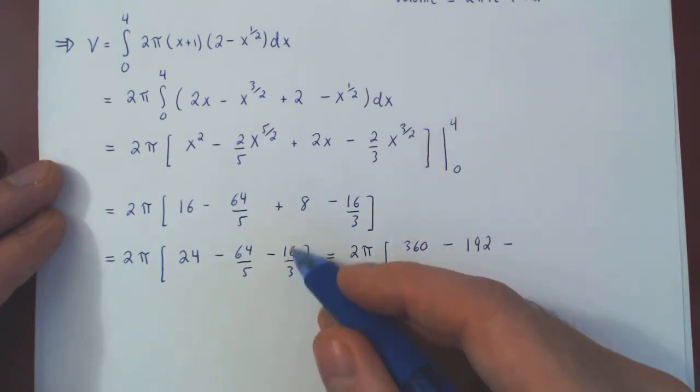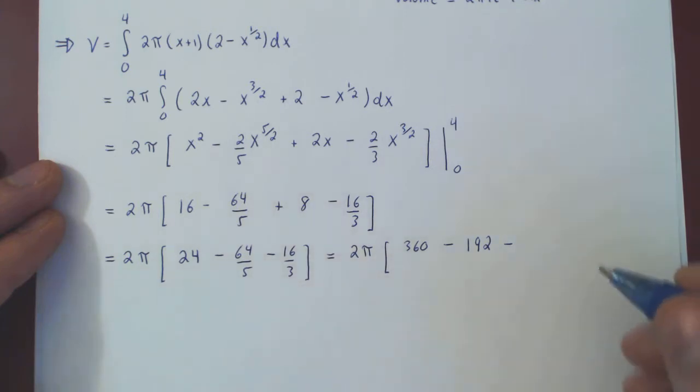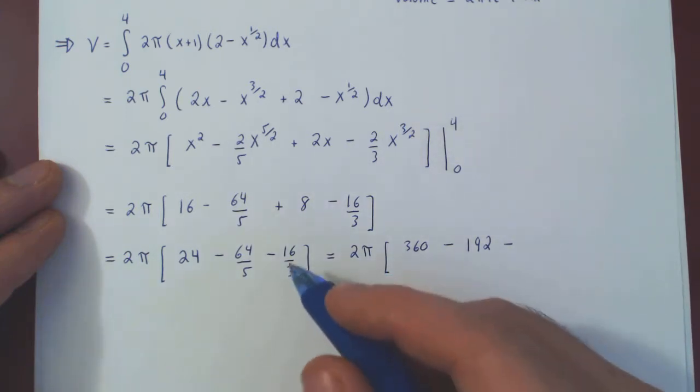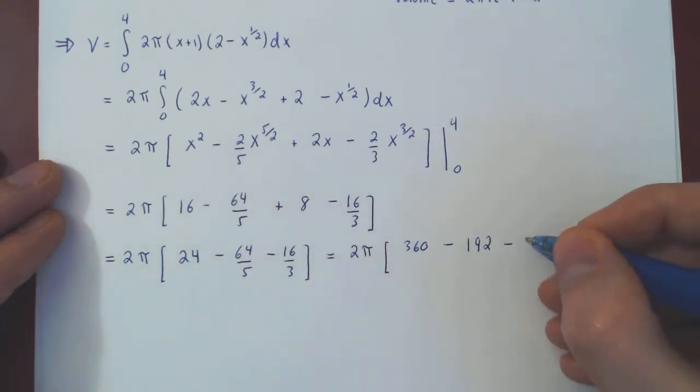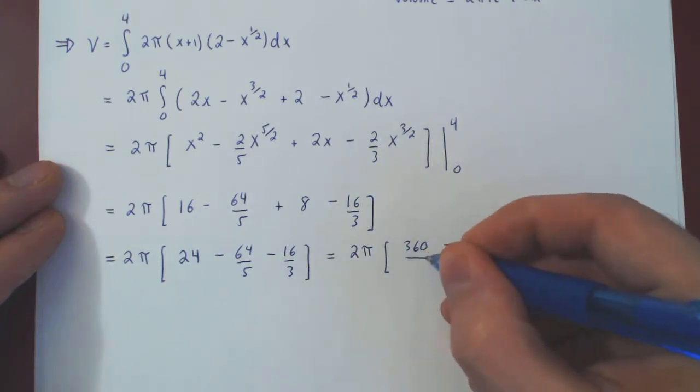Minus, to get this over 15, multiply by 5 over 5. 5 times 16 is 80. So minus 80. This is all over 15.